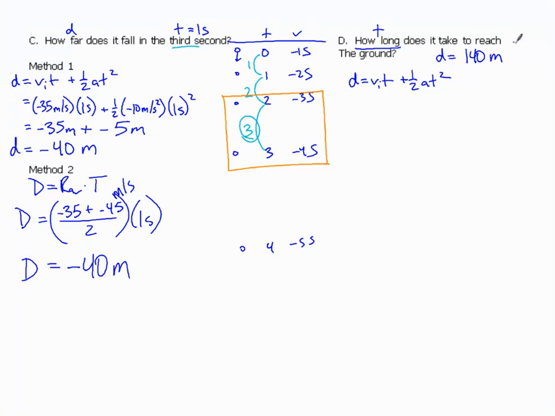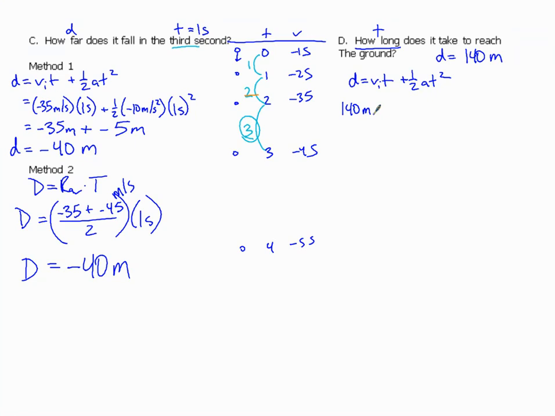Now, we are talking about from the time it is thrown up here till the time it hits the ground. So we are looking at an initial velocity of negative 15 again. So the height of the building is 140 meters, but the ball is going to fall 140 meters.